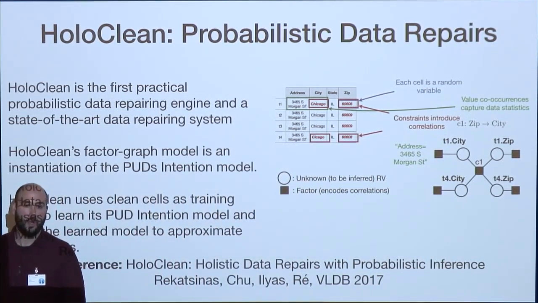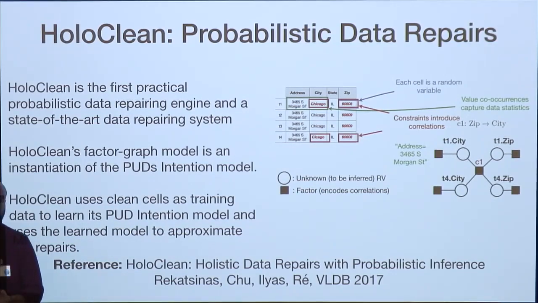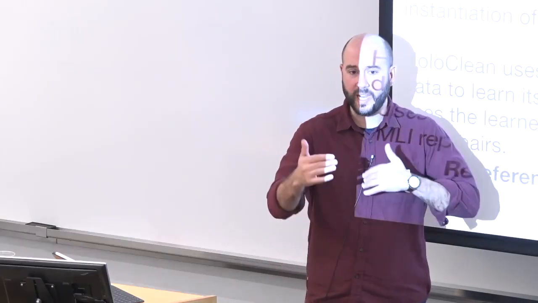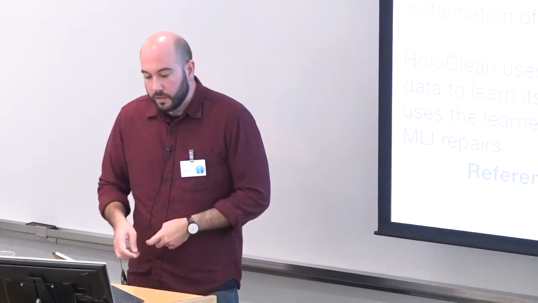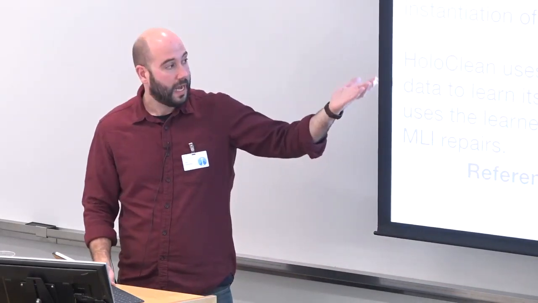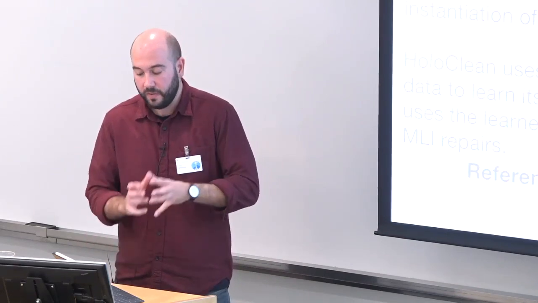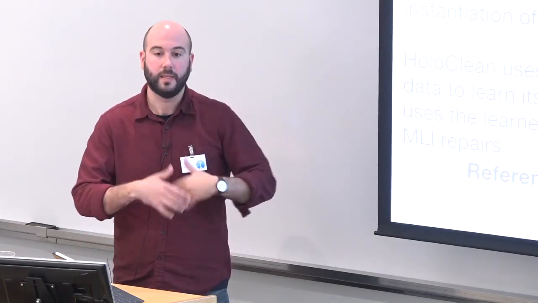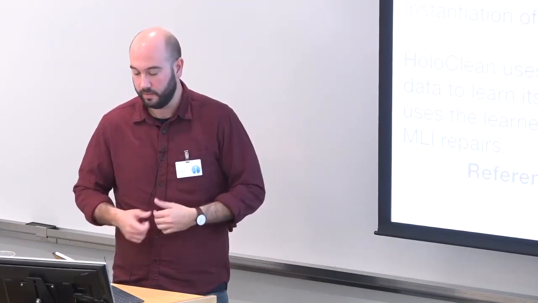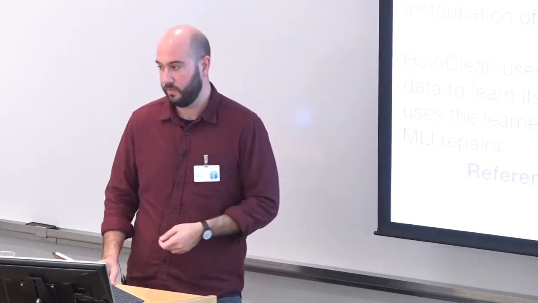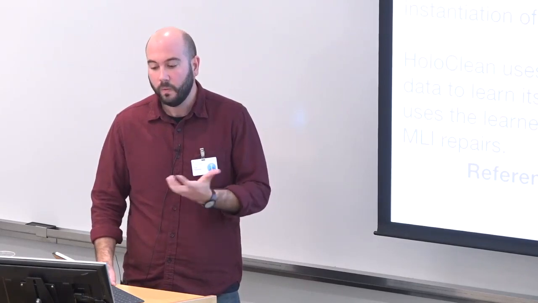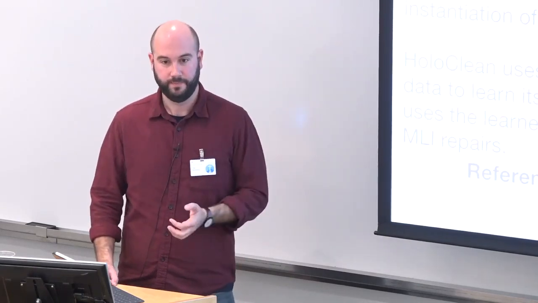I should never suggest Wisconsin as the state of Chicago, because I never saw that co-occurrence in the data set. Okay? So these models capture how the clean data generating distribution should be modeled. And then all we need to do is run inference over that.